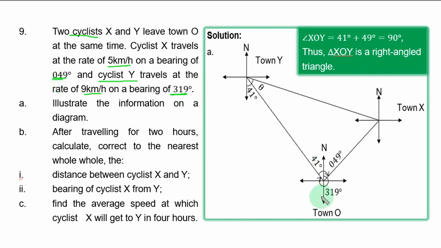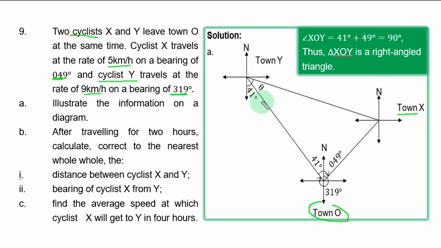So town O has to be somewhere here, so that 49 degrees from town O to town S, you can see in the first quadrant, and 319 degrees from town O to Y, you have it in the fourth quadrant.